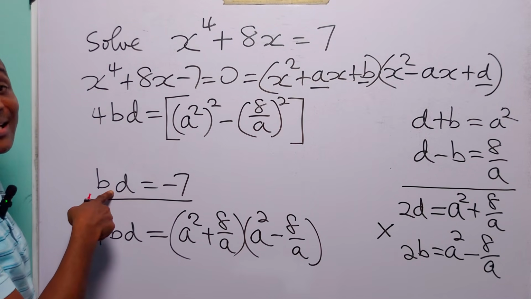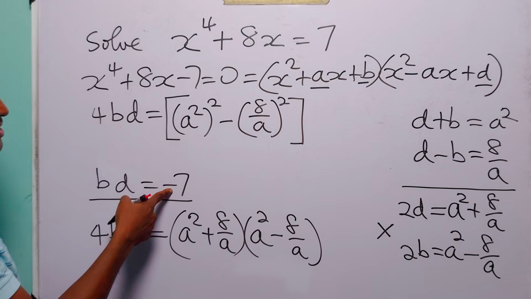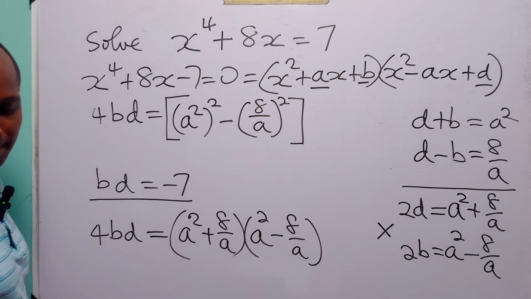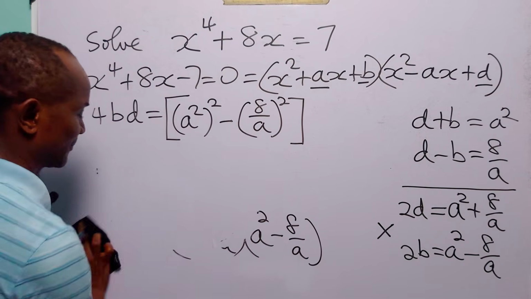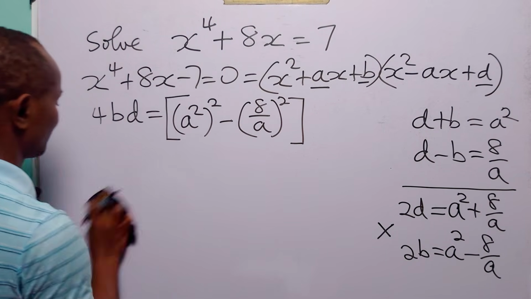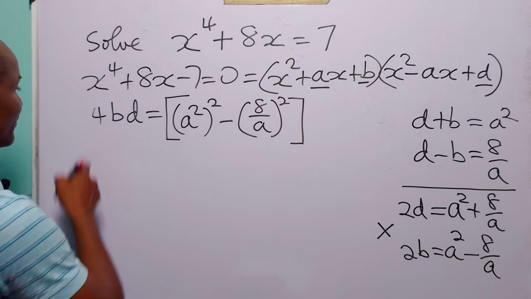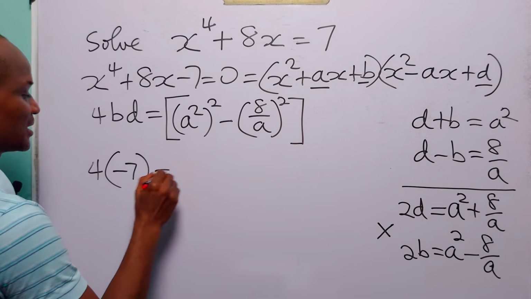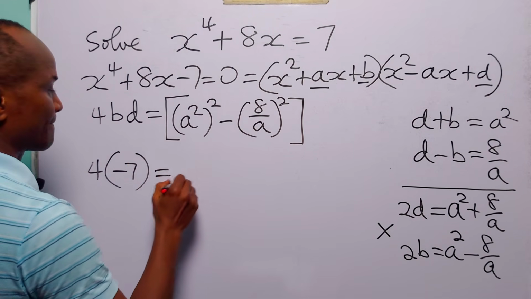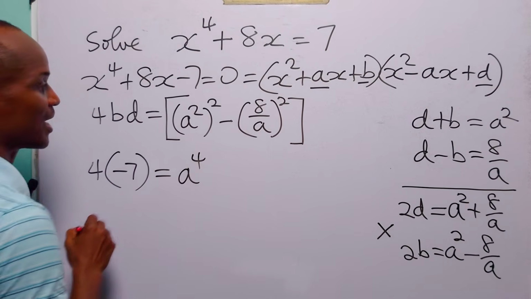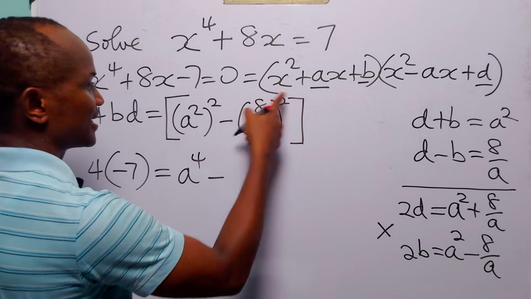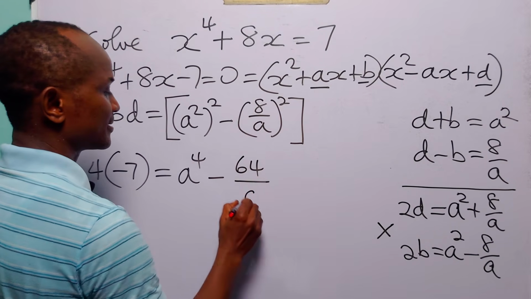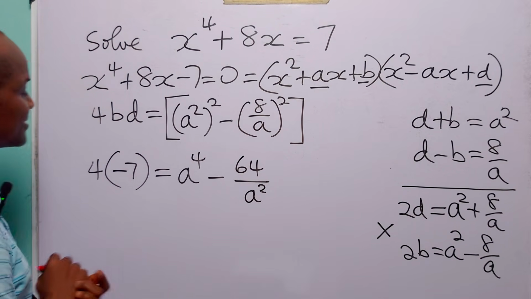And finally, look at the last equation we have. We have that b times d is equal to minus 7. So that means that 4 times minus 7 is equal to a raised to power 4 minus 8 squared, which is 64, over a squared.